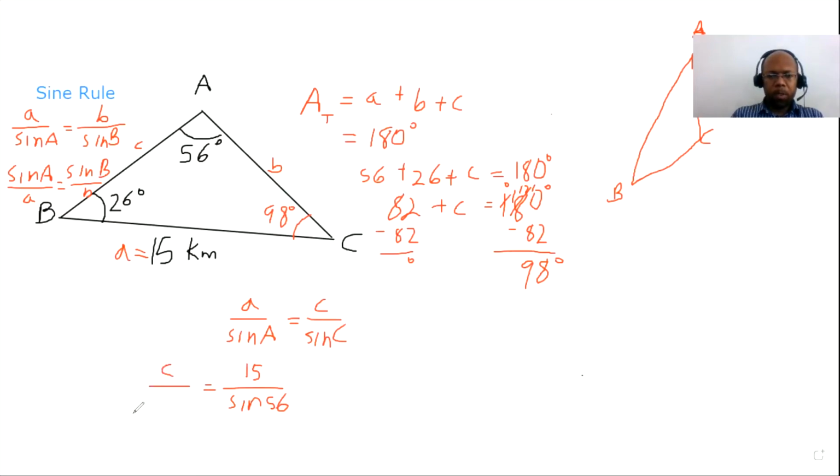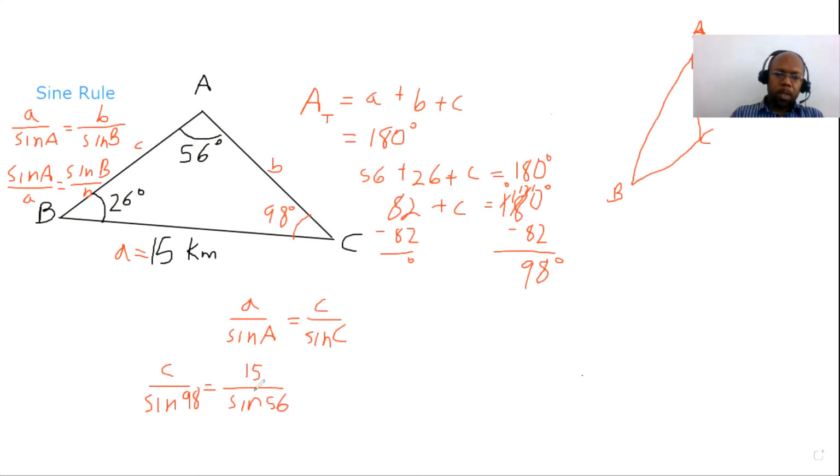Haven't broken any rules because if A over sine of A is equal to C over sine C, then the same is true of me saying this is equal to that. So I haven't broken any rules by putting my C over here. And this is 98 degrees.